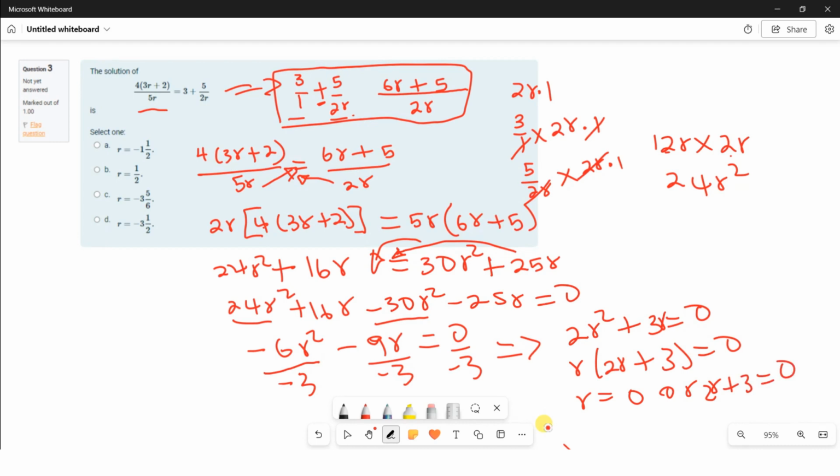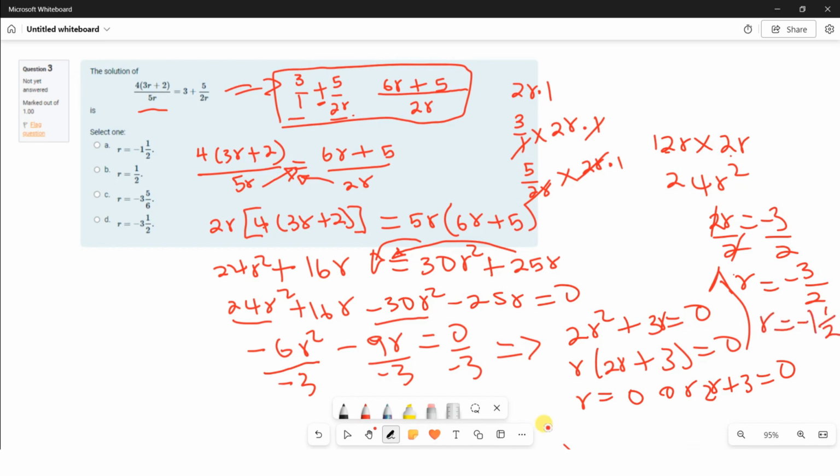If we continue solving this one to get the value of r, we'll take this 3 to the other side, and it becomes negative. We'll be left with 2r equals minus 3. Then to get rid of the 2 here, we divide by 2. This one will cancel this one, then r equals minus 3 over 2. This can be written as minus 1 and 1 over 2 as a mixed number.